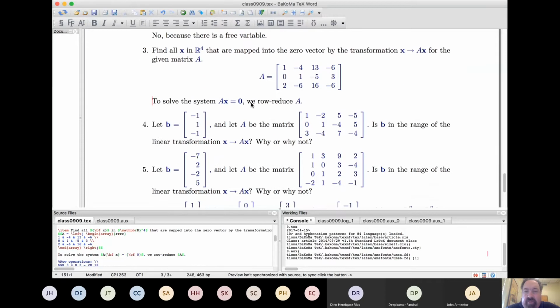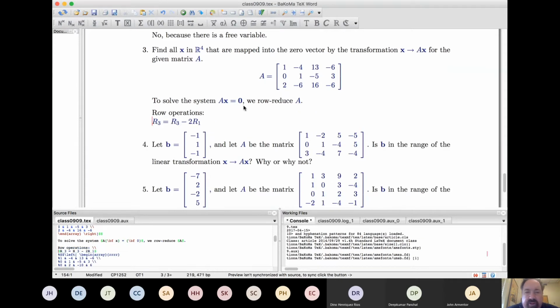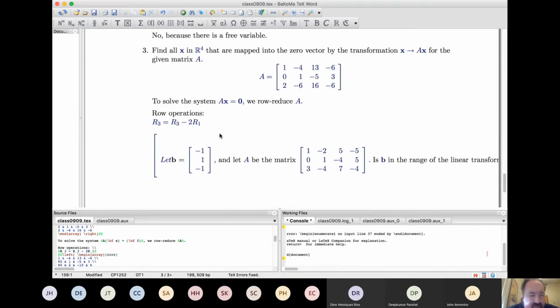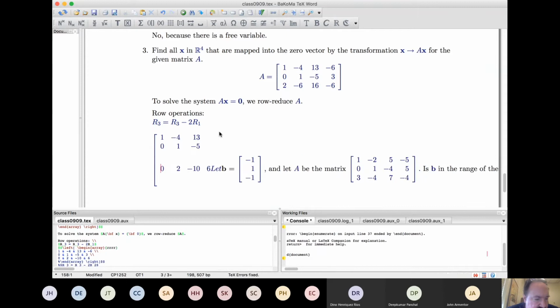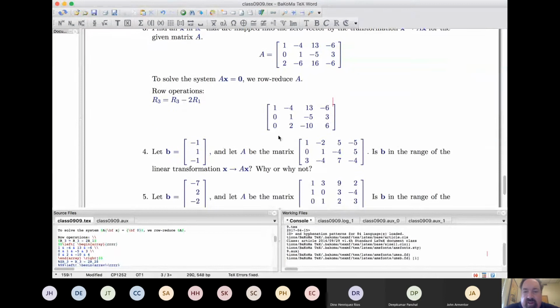Okay, so we go through the same process, and there's not much to do in terms of row operations. We're looking at a ratio of 2. Now, here we've finished off the first column already.